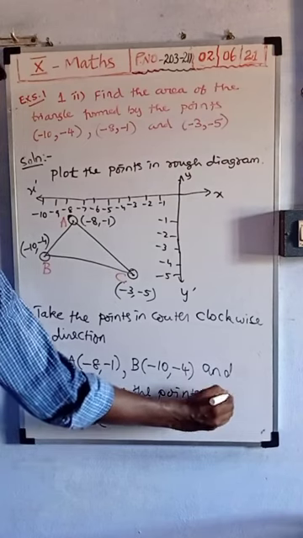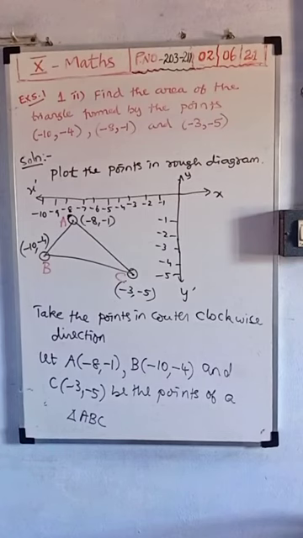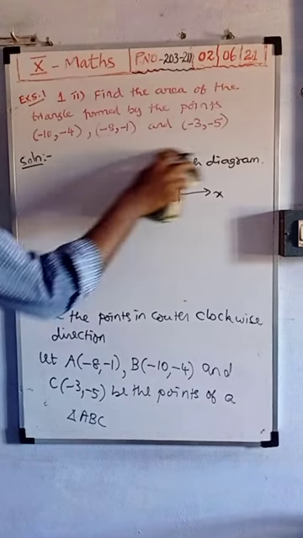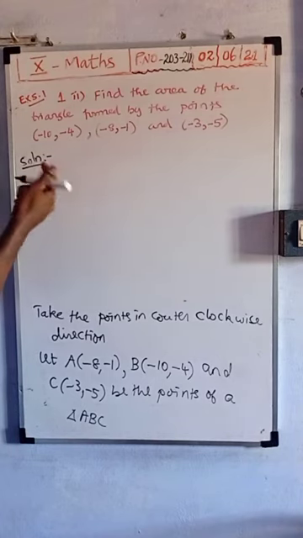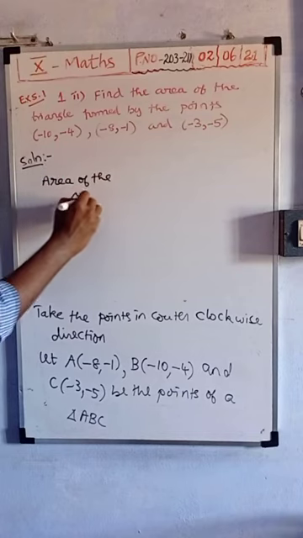Okay, now we have chosen counterclockwise direction. Next you see, therefore area of the triangle ABC.